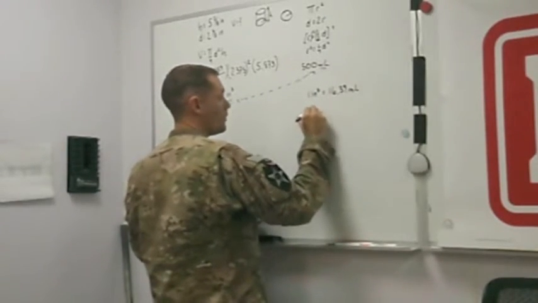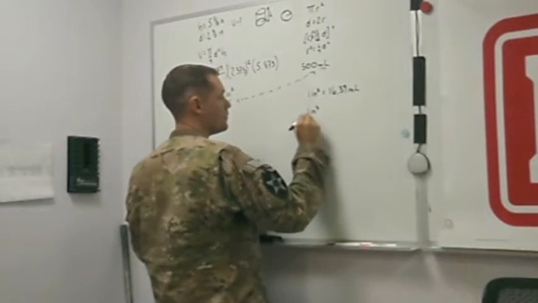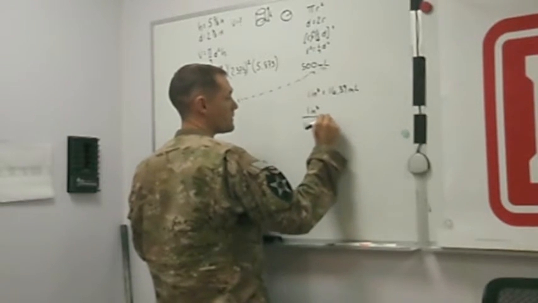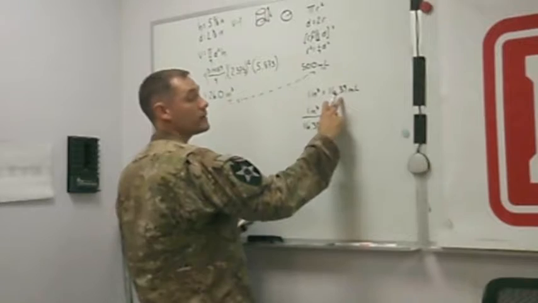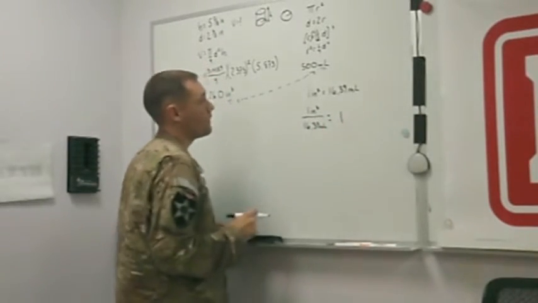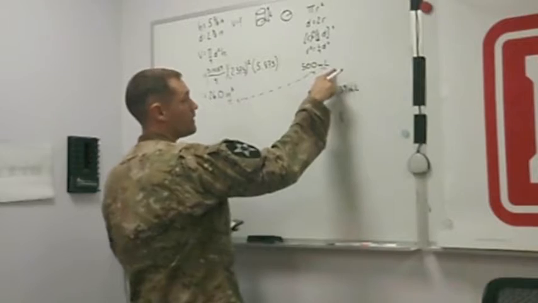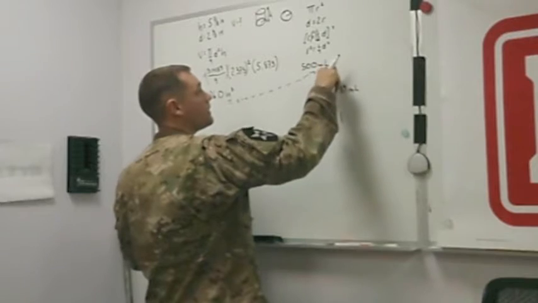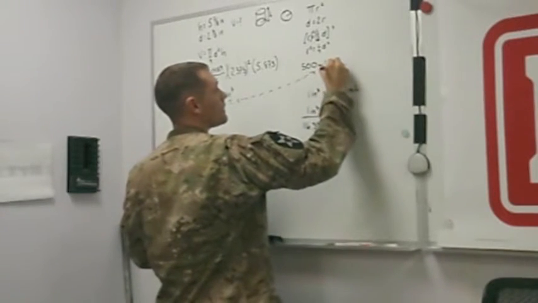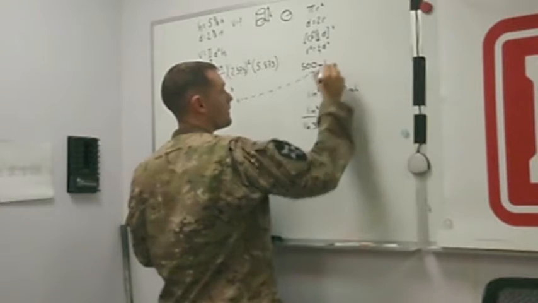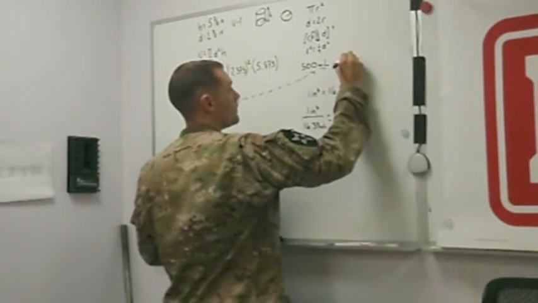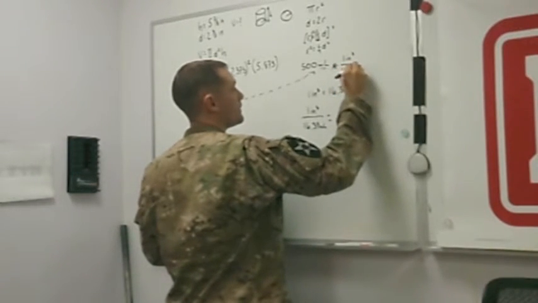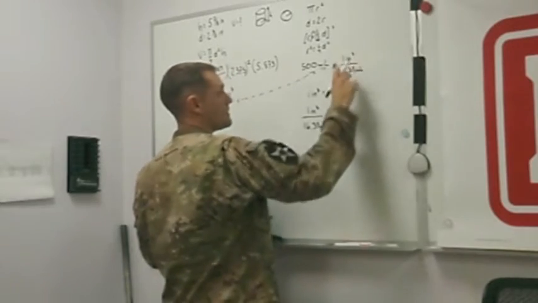We get 1 inch cubed divided by 16.39 milliliters is equal to 16.39 divided by 16.39, which is 1. So now, if you multiply anything by 1, you get that same number. So I go back up here to my 500 milliliters, multiply this by 1 inch cubed divided by 16.39 milliliters, because this is equal to 1.